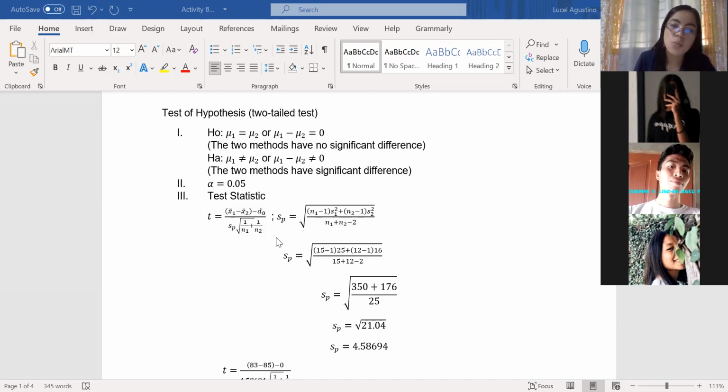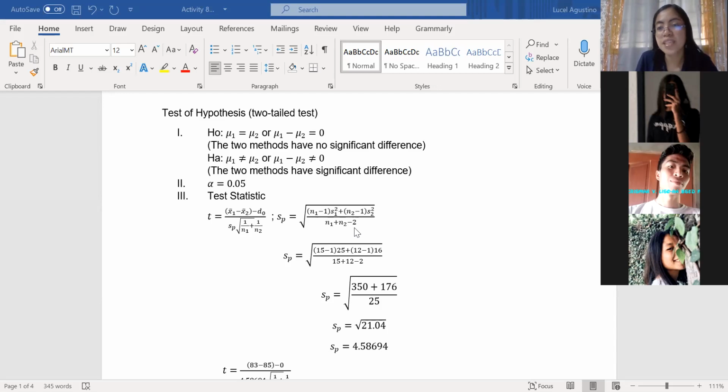So 1 plus 1 over N2. So ang pooled naton nga pooled variance or pooled standard deviation, ang formula is square root of n minus 1, so n1, sample size ang group 1 multiplied to the sample variance of group 1, plus N2, that is the sample size of group 2 minus 1, and multiplied to the sample variance of group 2, over N1 plus N2 minus 2.